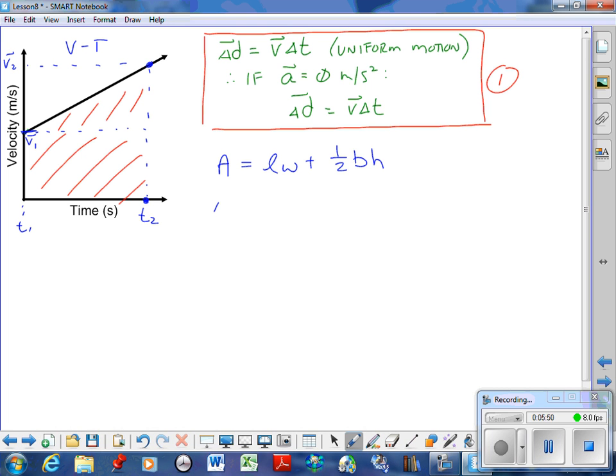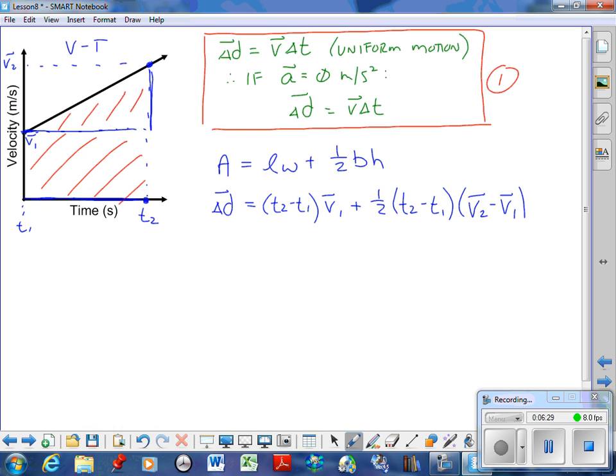We know that the area under the curve is your displacement, so delta D. For the rectangle, length times width, it would be T2 minus T1, so that's the bottom here, multiplied by the height, which would be V1, plus 1/2, again the base for this triangle would be T2 minus T1, and the height will be V2 minus V1. So your delta V, V2 minus V1, would be that height there.